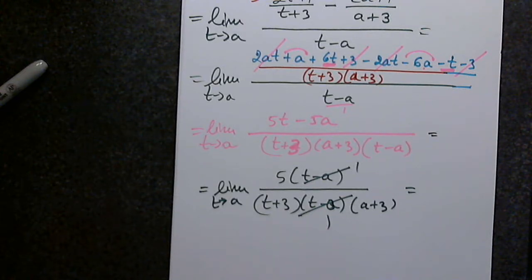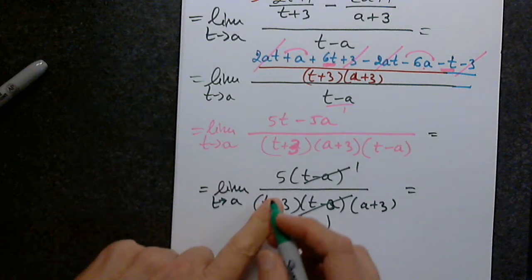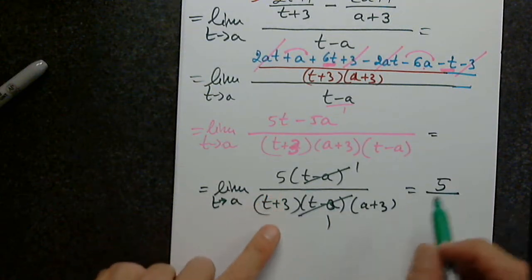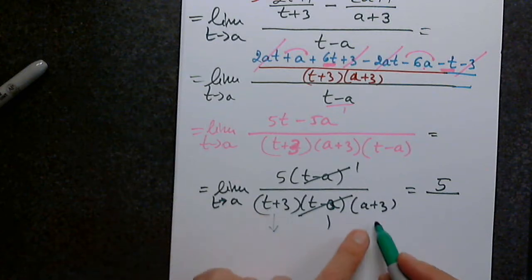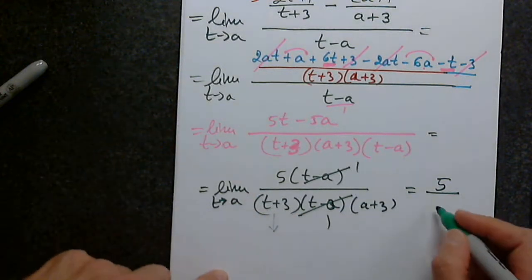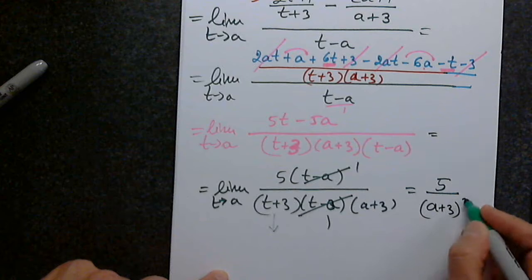There is no more t in there. So the numerator goes to 5. This goes to a plus 3. This is just a plus 3. So it's going to be a plus 3, everything squared.